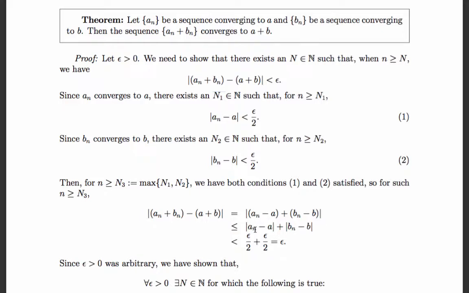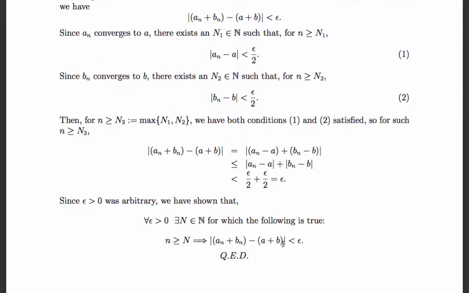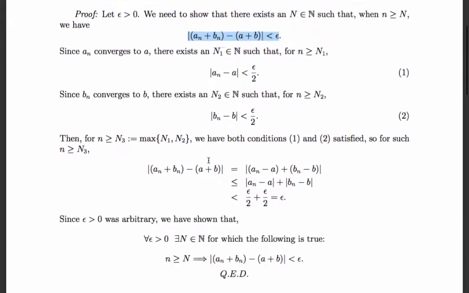This n is greater than or equal to n3, which is greater than or equal to n1, which means this difference is less than half of epsilon. Similarly, since n is bigger than n3, which is greater than or equal to n2, this difference is less than half of epsilon, which sums to epsilon. Since epsilon was arbitrary, we've shown that our goal is true.